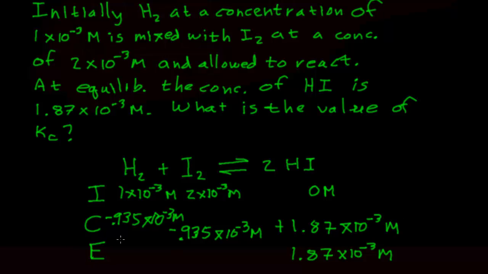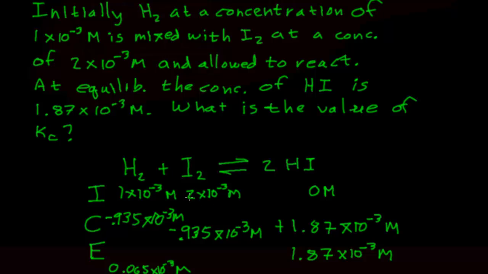So now we are ready to do the math down this column. So we take H2, which was initially 1 times 10 to the negative third, and we're going to subtract from that 0.935 times 10 to the negative third moles per liter, because that's how much we lose. And so that gives us an equilibrium concentration of 0.065 times 10 to the negative third molar.